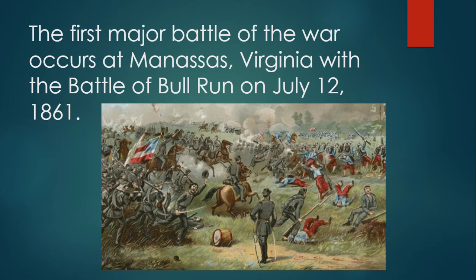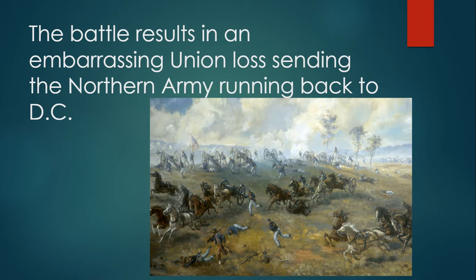Initially, it goes well for the Union, but things turn later in the day with the addition of new, fresh Confederate troops. And the Union Army is going to, in a lot of cases, literally run all the way back to Washington, D.C., about 20 miles, dropping their equipment, as you see in this picture. It was a panic.